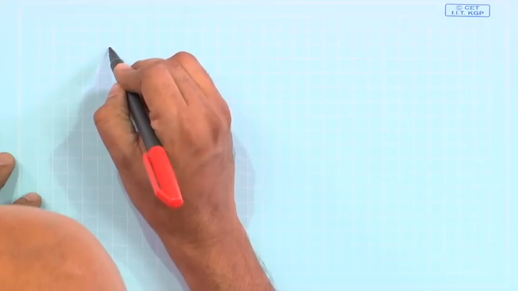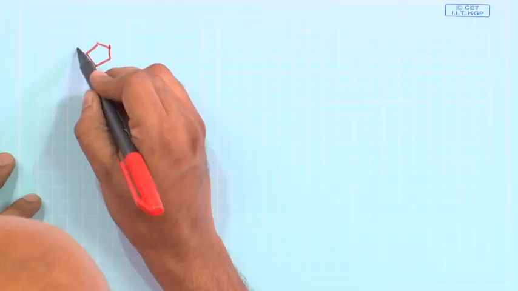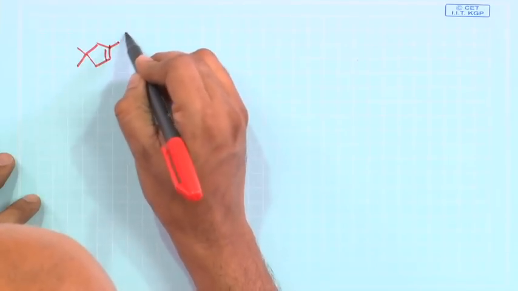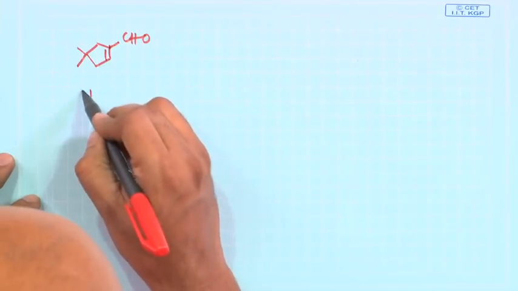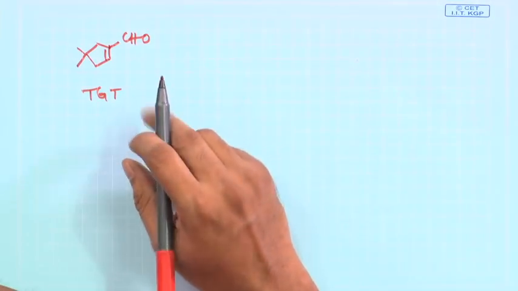I will try to give you a very unusual transformation, which probably you will not find in any textbook, but that is very useful. But we will explain in terms of retrosynthetic analysis. We said we have a target molecule something like this. The target molecule is given to you. Okay.